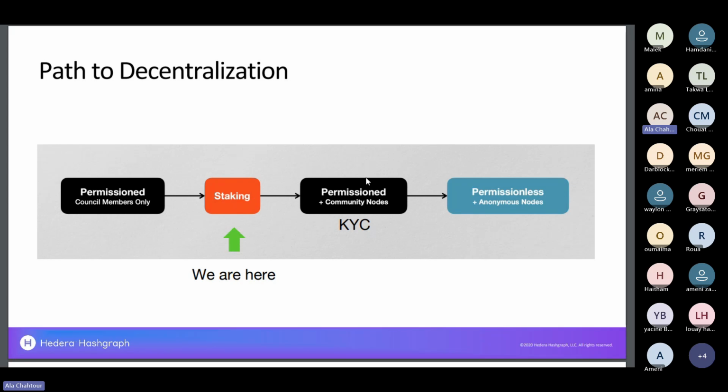In the future they are going to add more validators using KYC, which is the concept of know your customer. We can add some validators or nodes to the Hedera network, and the main goal is to be 100% permissionless, so anyone can be a validator on the network.